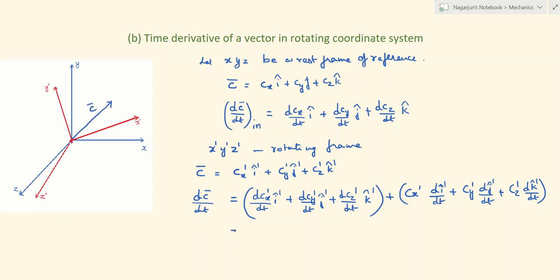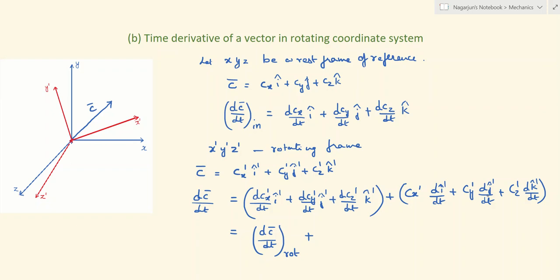So the first term on the right hand side is nothing but dc bar by dt with respect to the rotating frame, plus Cx dash di cap dash by dt. Now we have i cap dash, j cap dash and k cap dash as the base vectors in the rotating frame, so these are rotating vectors.